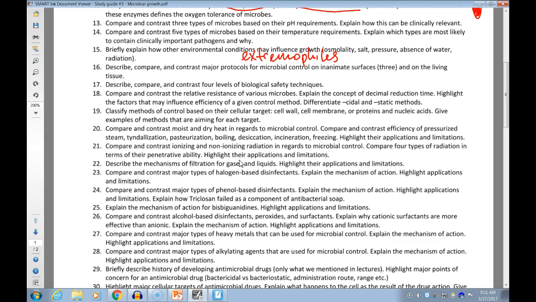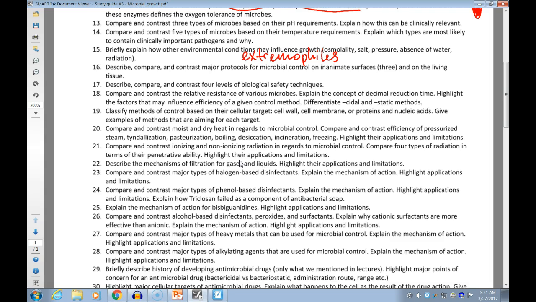Which one takes care of everything, which one doesn't, which one pretty much uses mechanical removal of microbes. Okay? I will be as explicit as possible in my questions on that. I promise I will read through that a million times. And you're more than welcome, if anything is unclear, you know the rule of the house, you can come and ask.